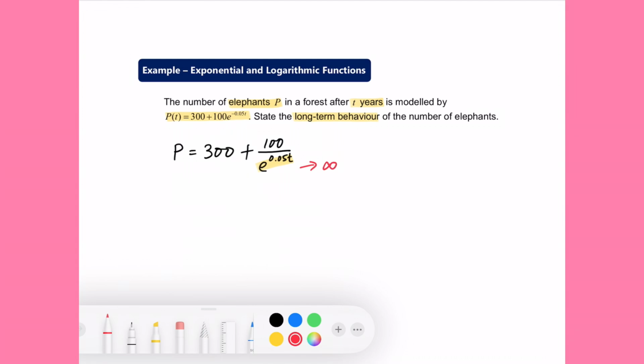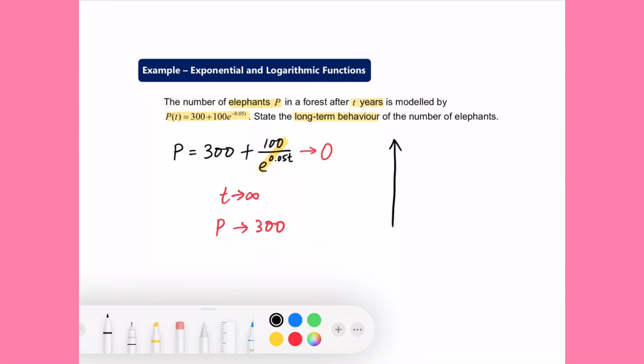Then we have the numerator 100 divided by a very large number, which means for this particular term, the final value will tend to 0, which means the impact of this fraction will be insignificant. So we have this observation, that when t tends to positive infinity, as the second term is approaching 0, the number of elephants P will be approaching 300.